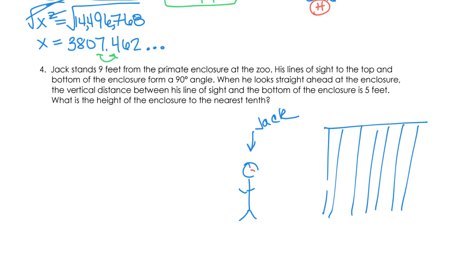So what I think they mean when they said he looks straight ahead: from his eyeball, straight ahead, that's 9 feet. Then the vertical distance between his line of sight and the bottom of the enclosure is 5 feet. They want to know the height of the enclosure to the nearest tenth. So they want to know this distance here.